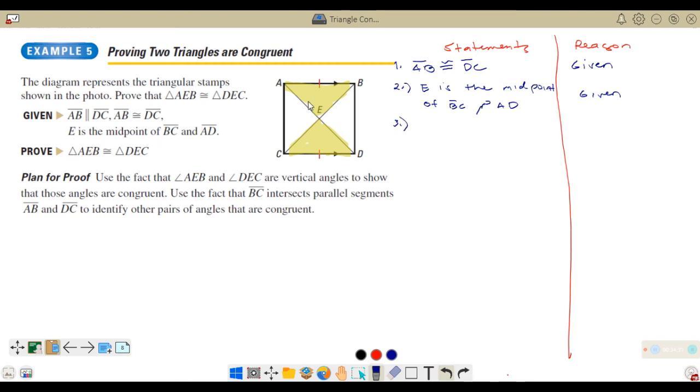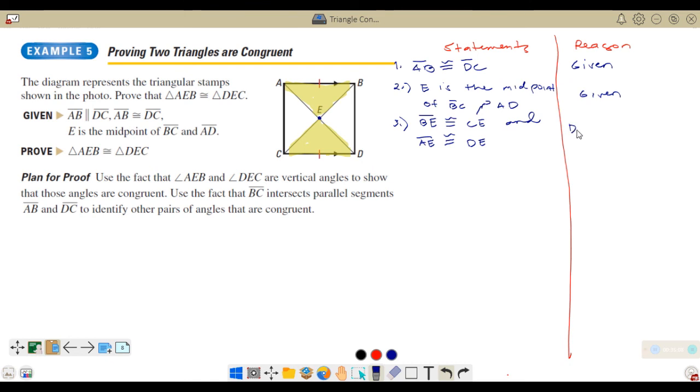So we can use the idea of this midpoint to say that BE is congruent to EC or CE and DE or AE, dito muna tayo sa unang triangle, AE is congruent to DE.